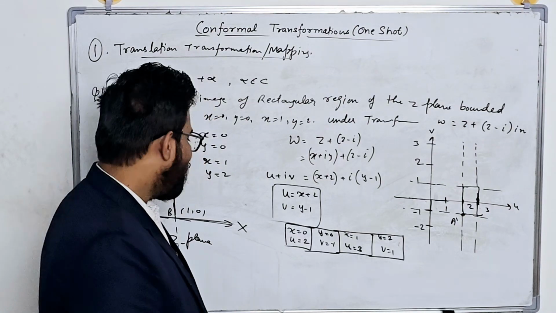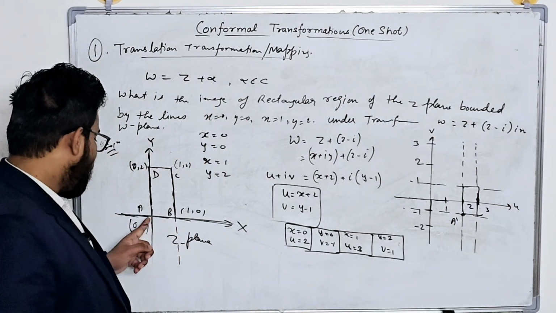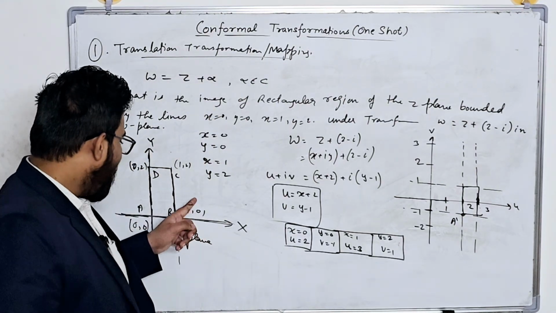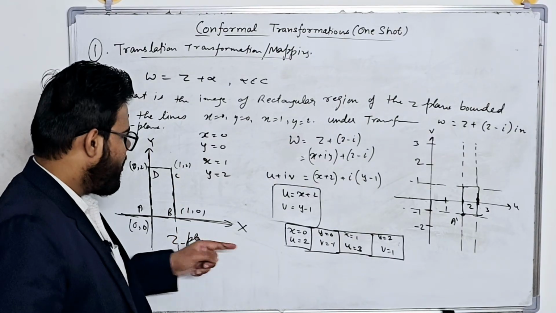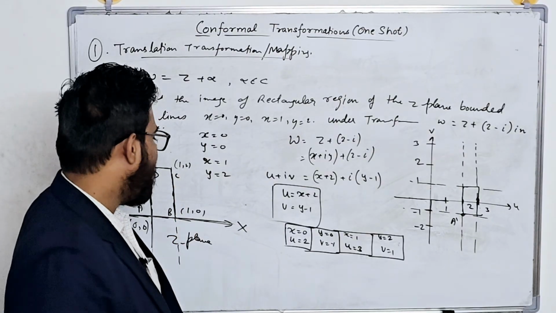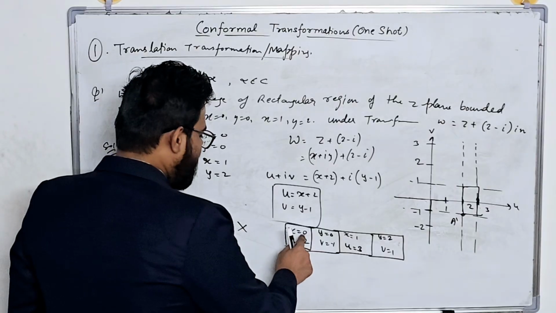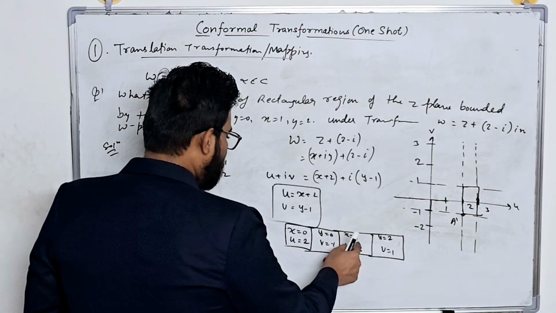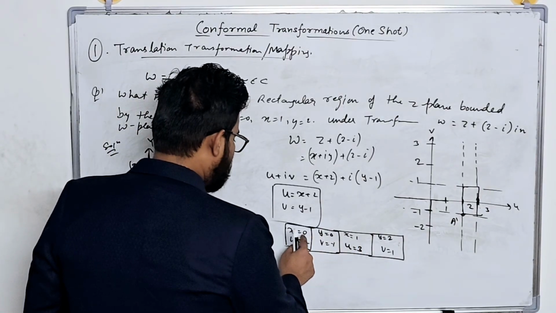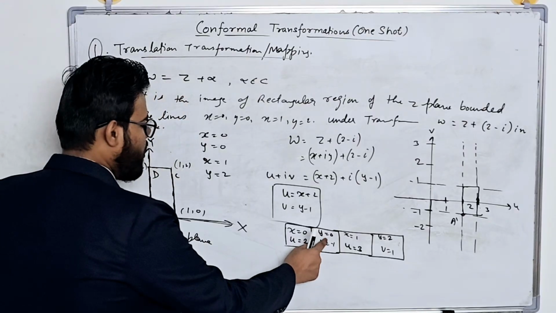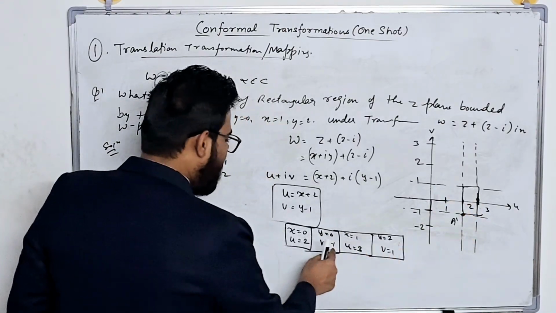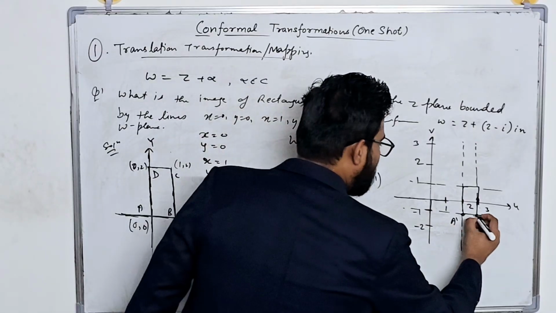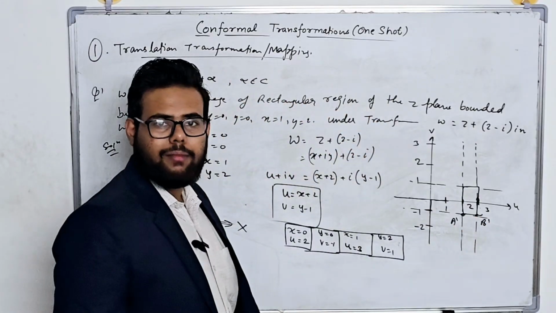Similarly over here, when y is equal to 0 and x is equal to 1 intersect, then we got the point B. So u is equal to 3, and v is equal to negative 1. So this is the B dash point, right?